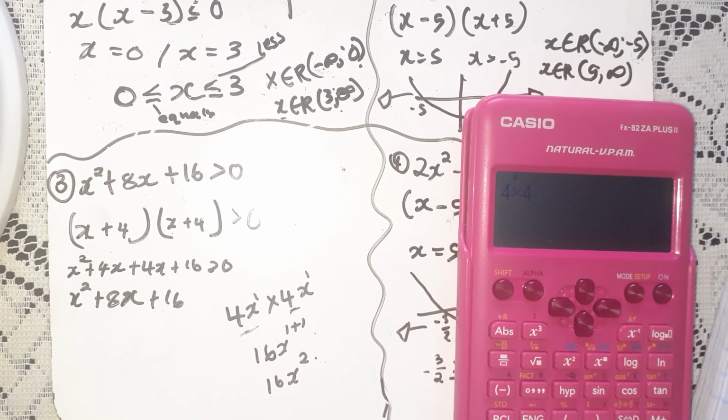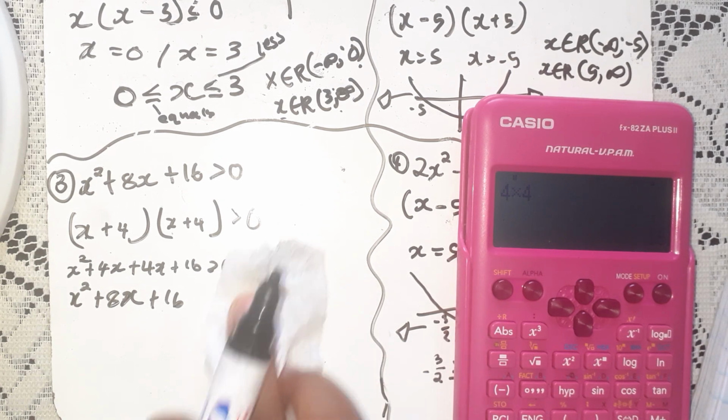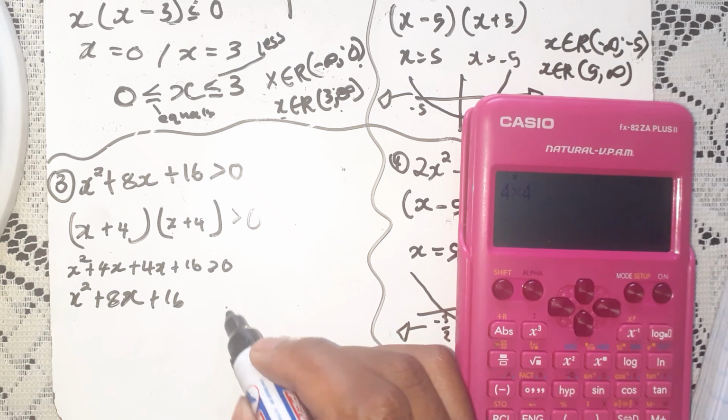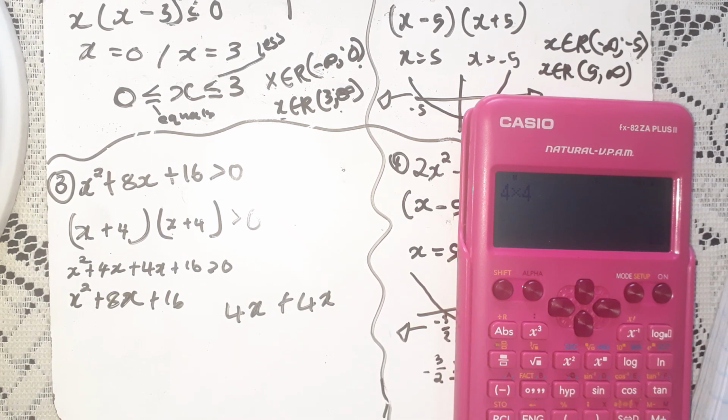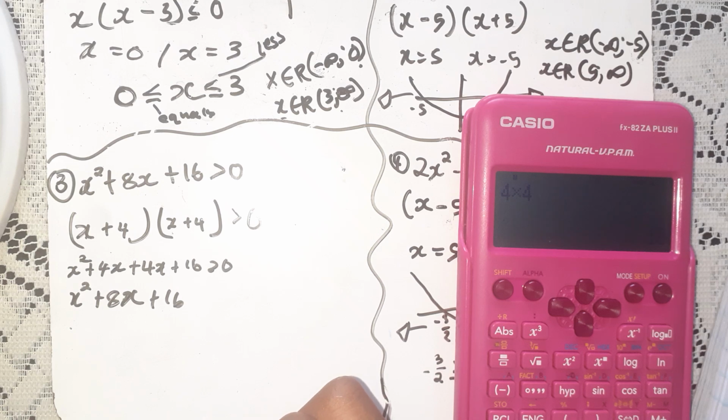This is when you multiply. But when you add 4x plus 4x, it's like 4 dogs plus 4 dogs. How much is 4 dogs plus 4 dogs? 8 dogs. Please don't make that mistake.